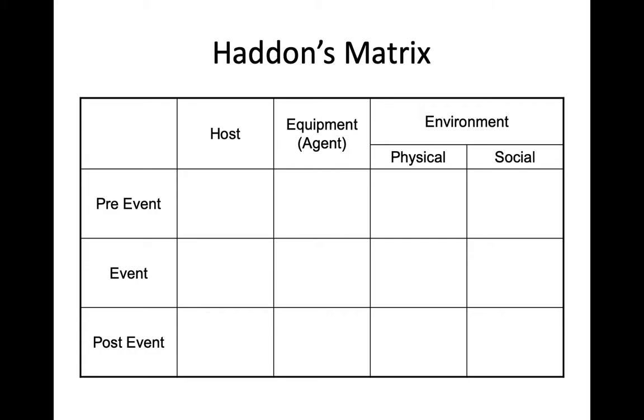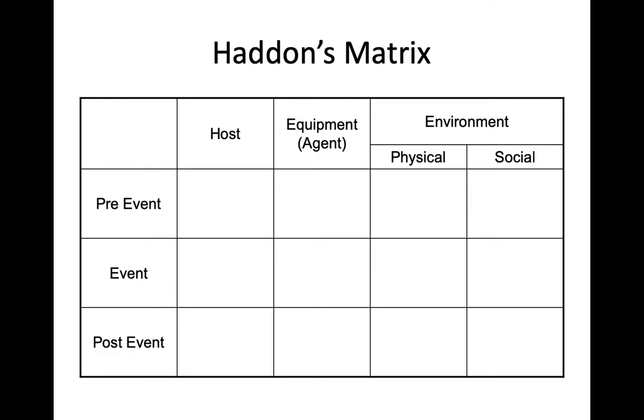Typically this is how Haddon's matrix looks. We look at the pre-event, the event itself, and then the post-event. And then we look at the parts of the epidemiological triad: the host, agent, and the environment. You typically do this in an injury preventive type of method.